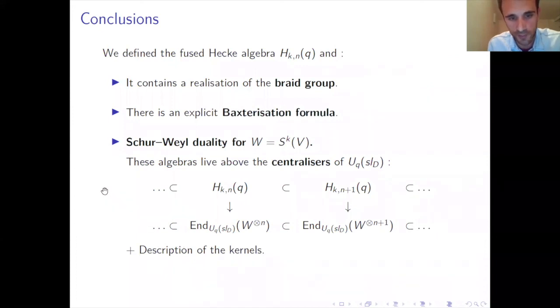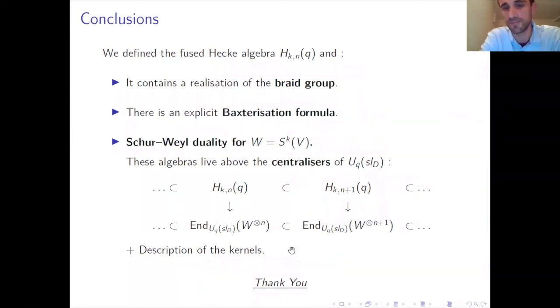So at the end, we have this chain of universal algebra, the fused Hecke algebra, such that for every D, they give you the centralizer as a quotient. And the kernels, depending on D, are explicitly described. So I guess that will be all. Yes, thank you for your attention.